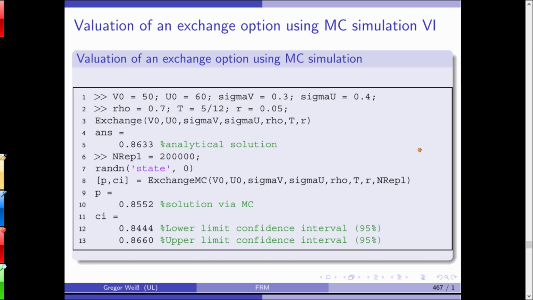And the average result here is 0.8552. And the lower and upper limit of the confidence interval for 95% around the mean is 0.8444 and 0.8660. So with 95% confidence level, the true price given by the Black-Scholes model under these assumptions is within this confidence interval.